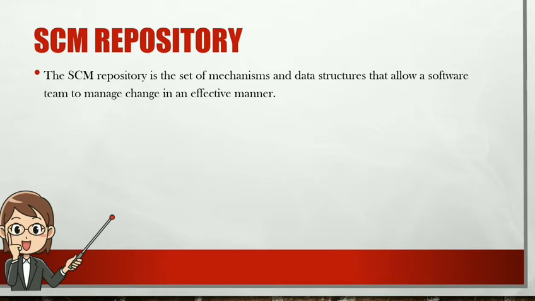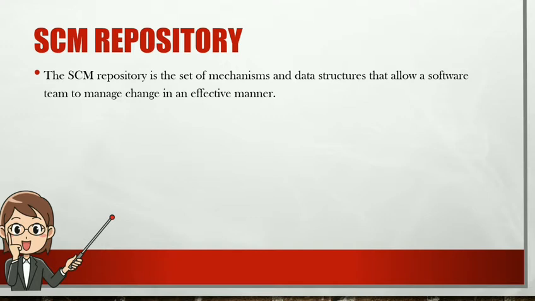Before that, there are certain terms that we are going to use in the SCM repository. That is a baseline or software configuration items. Basically, an SCI, that is a software configuration item, is an integral part of the software engineering development process. It is a part of a large specification, or we can say one test case among a large suite of test cases.